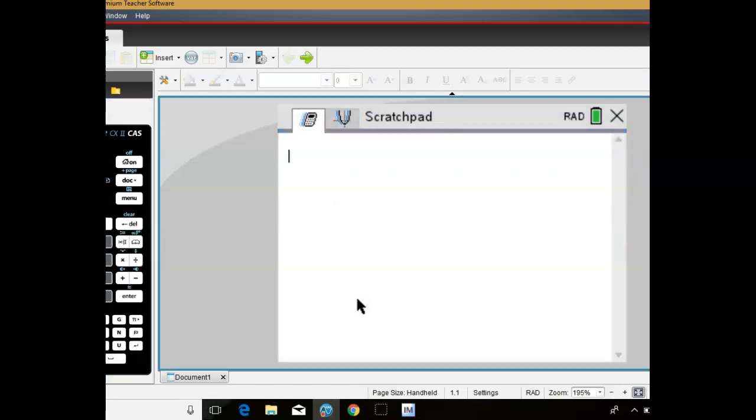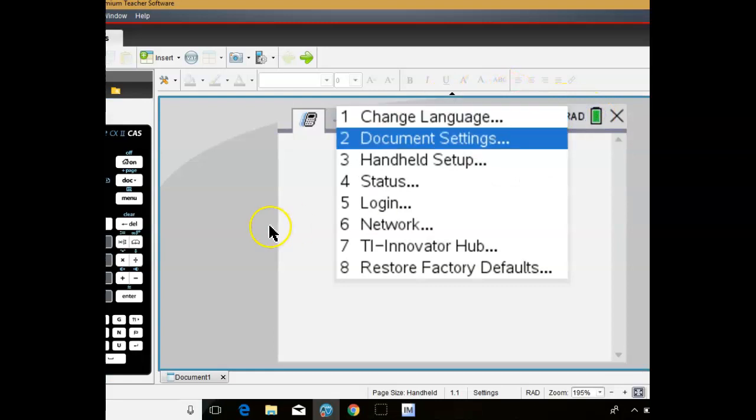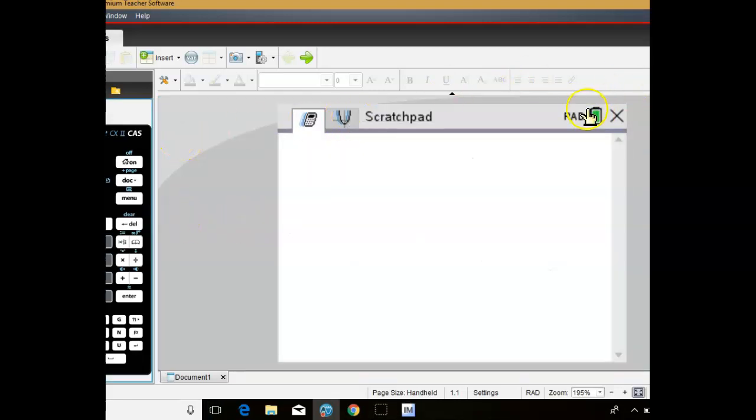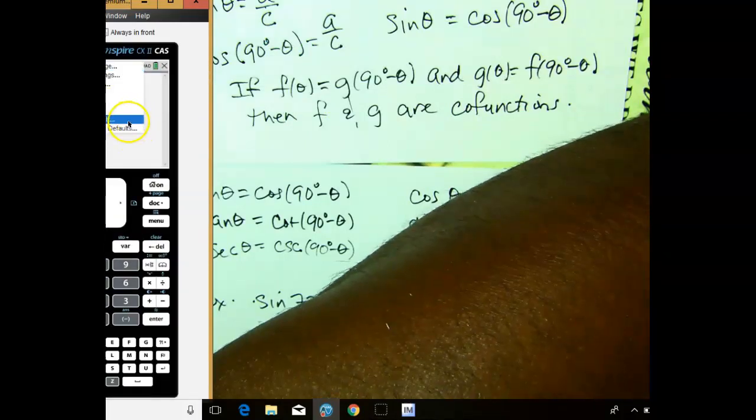So we said the sine of 72 degrees. Oops, I'm on radians. Let me go to degrees.